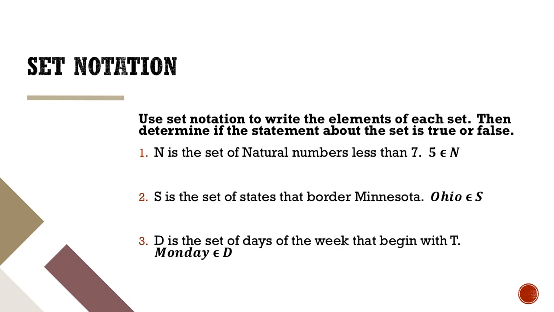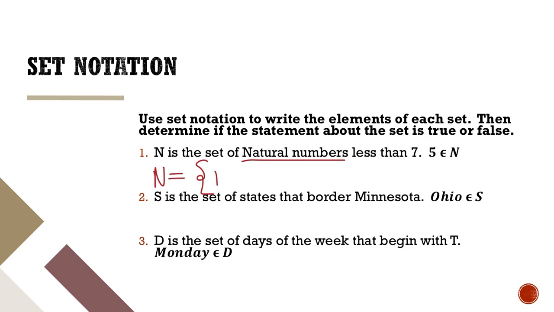So let's do some examples here. Let's use set notation to write the elements of each set. Then we're going to determine if the statement about the set is true or false. Let's find N, which is the set of natural numbers less than 7. Natural numbers are your counting numbers. Natural numbers are the whole numbers, but without 0. So N is equal to the squiggly bracket, and we do not include 0.